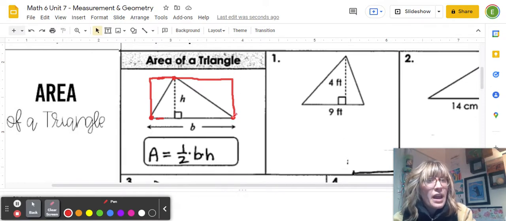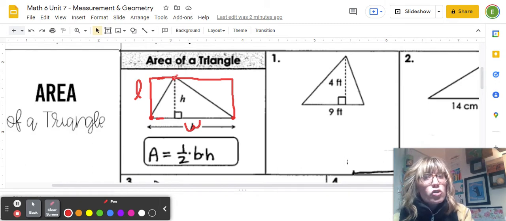That is going to be true of the rectangle around this shape as well. The rectangle is just going to fill in other parts. So if we wanted to find the area of this rectangle, we would simply take this length and multiply it by this width. We get the rectangle. Well, the triangle is exactly half.